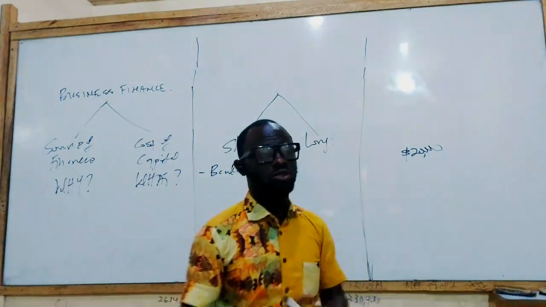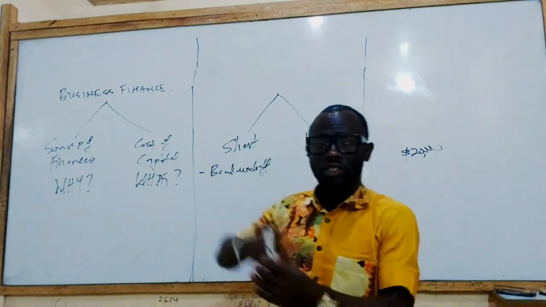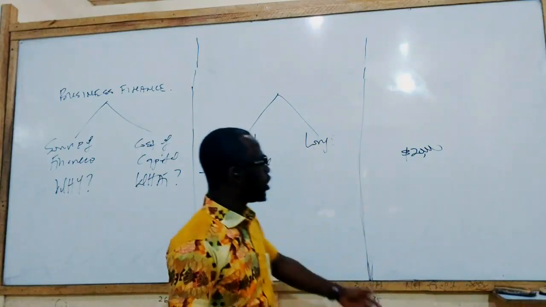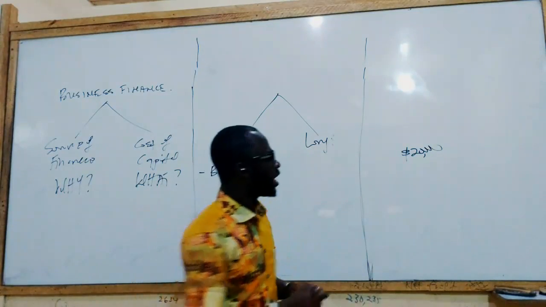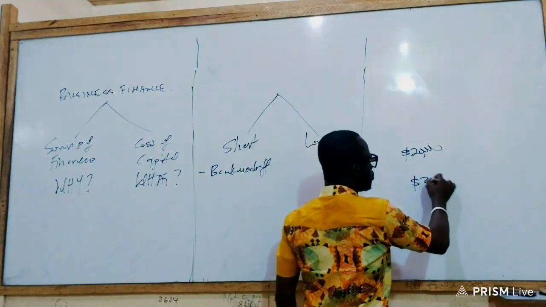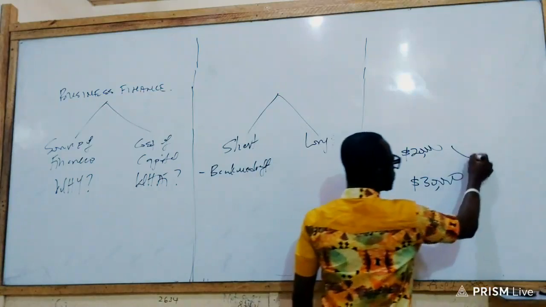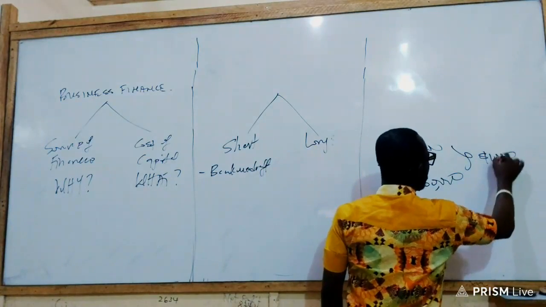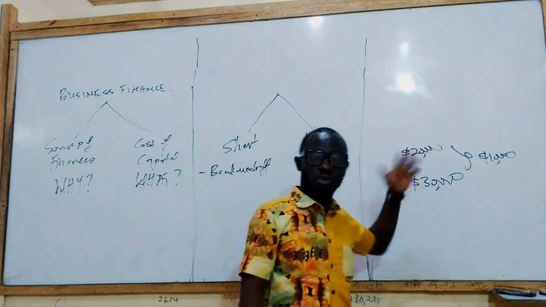So if we need to pay our creditors, or we need to buy some inventories, and we need more than $20,000, we go to the bank, and the bank may allow us to withdraw $30,000. So that extra $10,000 becomes what? A bank overdraft facility. So that is the first thing you must understand.